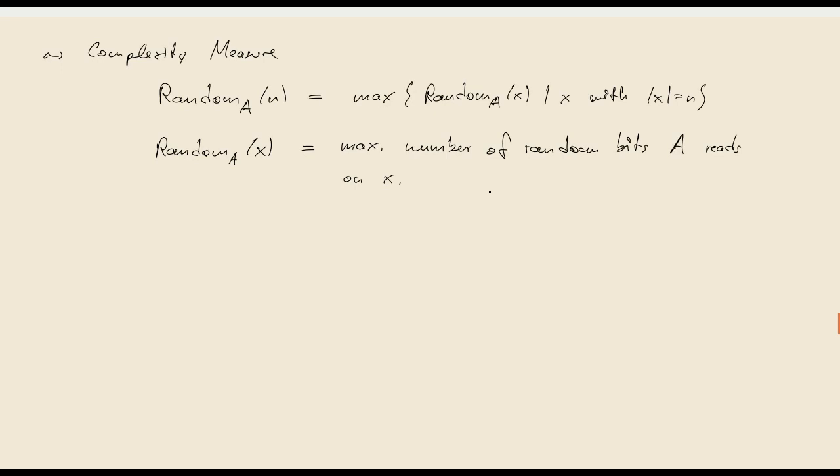So maybe a problem is that we might have a machine that keeps on drawing random choices because it keeps on computing. Right? If it runs into an infinite loop, it might, in that infinite loop, use up many, many random bits. And then this maximum formally would just be infinity. But that's the same problem for running time in a sense.